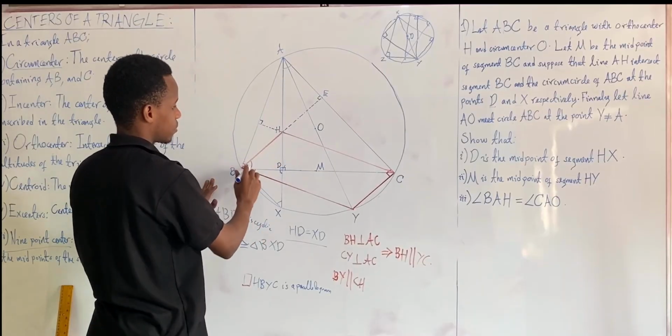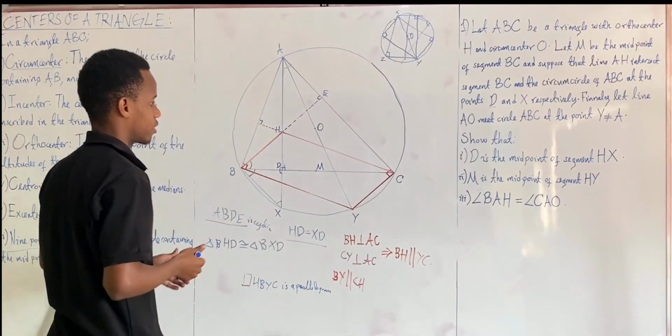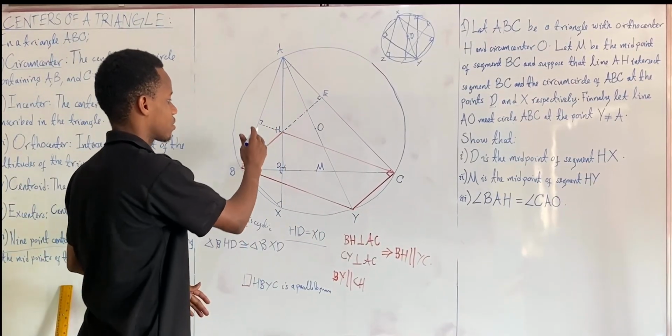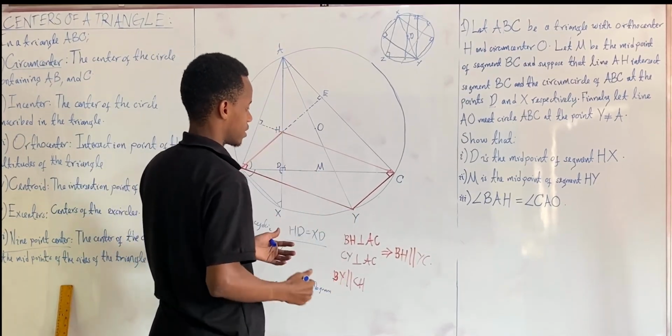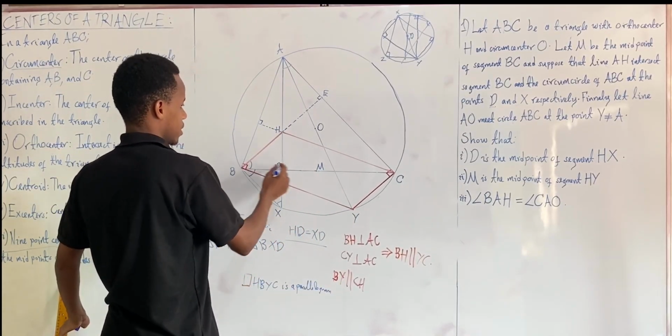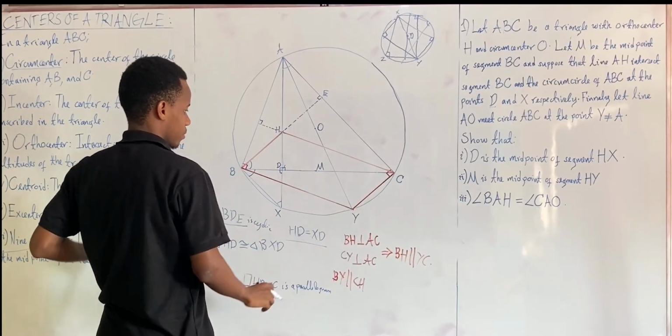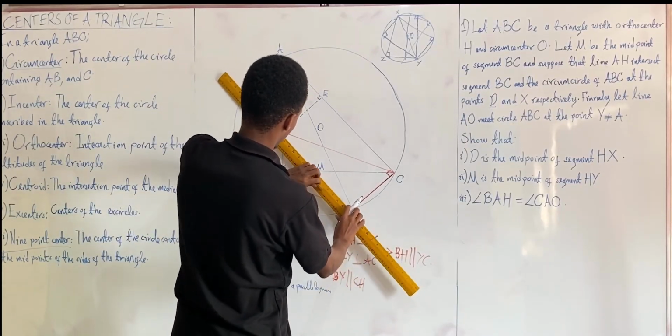So we have a parallelogram here, and one famous fact about the parallelogram is that the diagonals of a parallelogram always bisect each other. So BC is one of the diagonals of this parallelogram, and HY is also a diagonal.